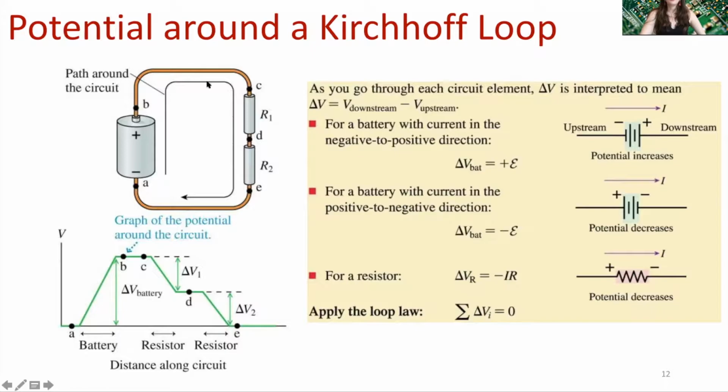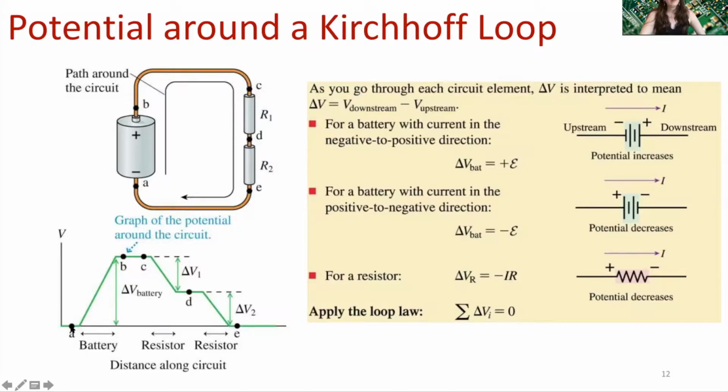If I were to write down the Kirchhoff loop for this circuit, I would say that the positive EMF coming from the battery minus the potential difference drop across R1 minus the potential difference drop across R2 equals 0. And this is a really great graph that shows the potential around our circuit.